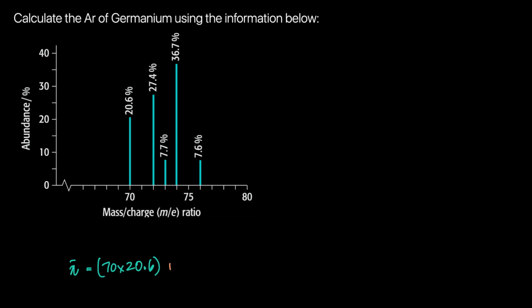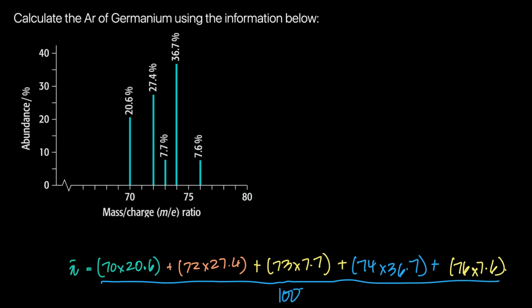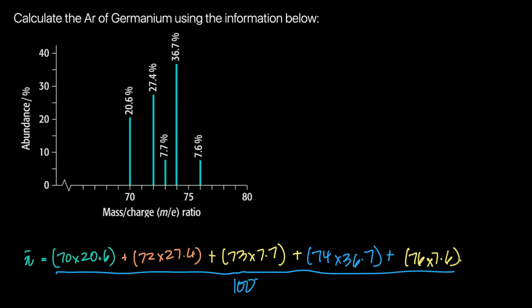So 72 times 27.4, then 73 times 7.7, then 74 times 36.7, and the last one is 76 times 7.6, and all of this divided by the total percentage, which would be 100. This will give you the average mass, or the Ar, of germanium. So basically, with a mass spectrum you just read the graph and do the math as you've been doing for isotopic calculations.